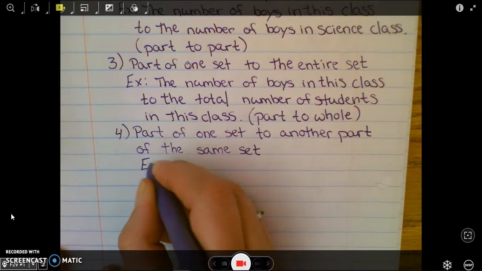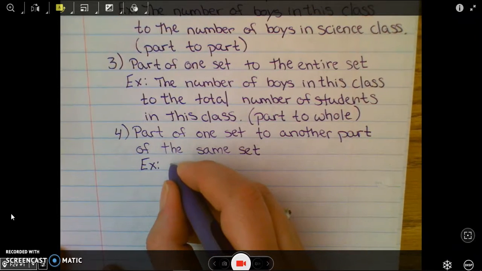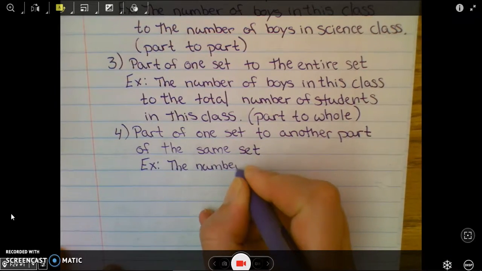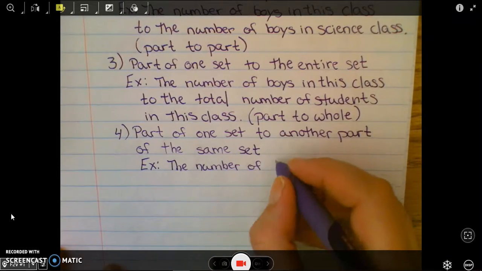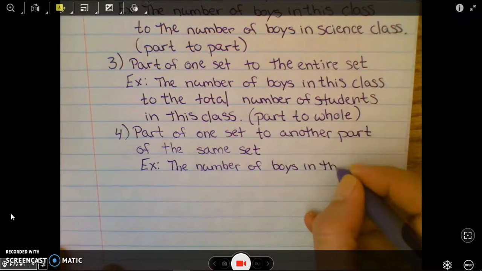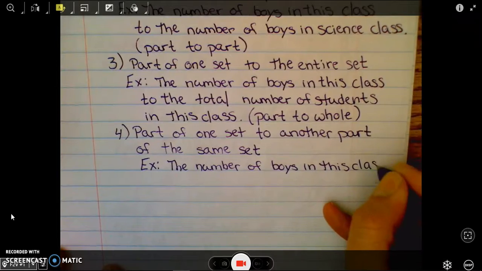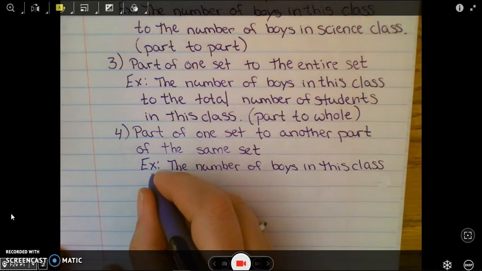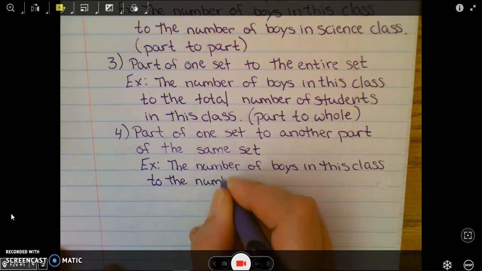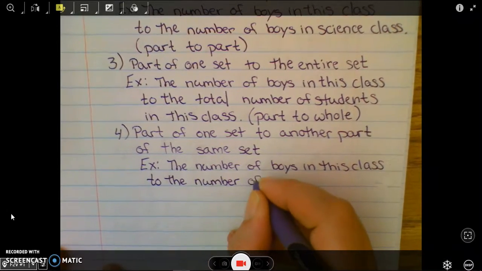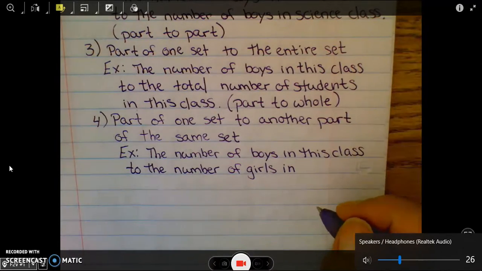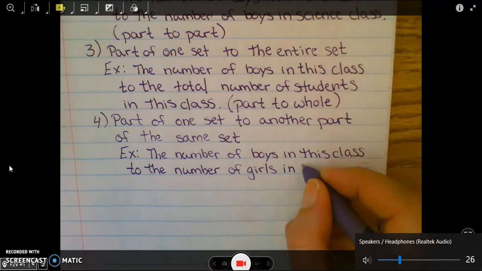So for example, that would be comparing the number of boys in this class to the number of girls in this class.